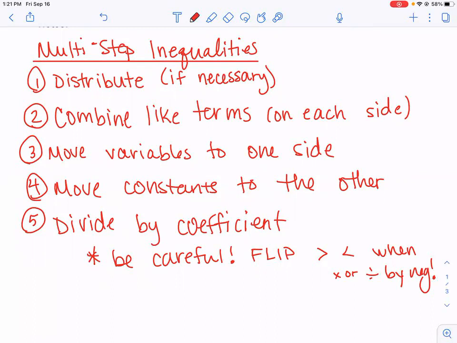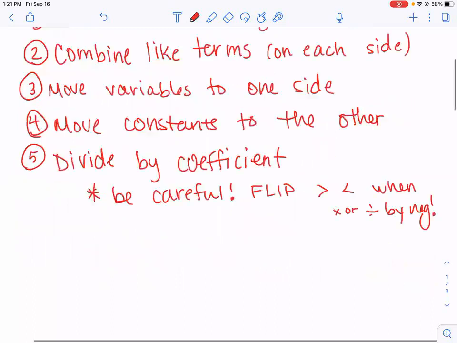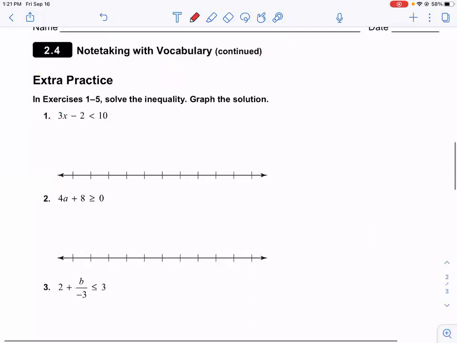All right. So which one do I want to do first? Let's do a couple problems first, okay? Okay, I want to look at number 1.